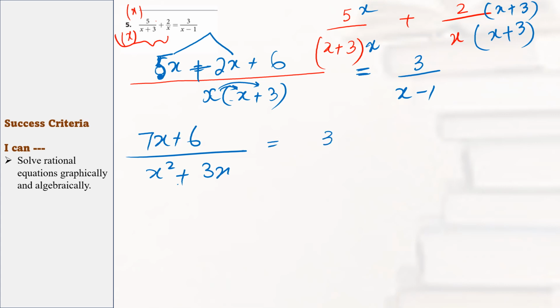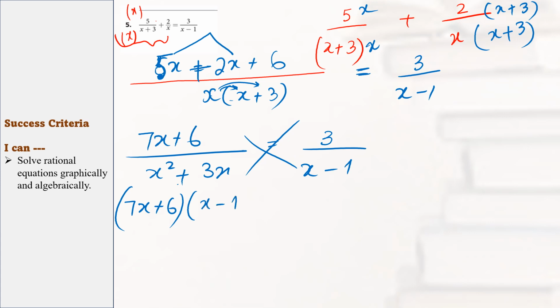And on this side, 3 divided by x minus 1. Cross multiply. So 7x plus 6 multiplied by x minus 1 equals 3 times x square plus 3x.